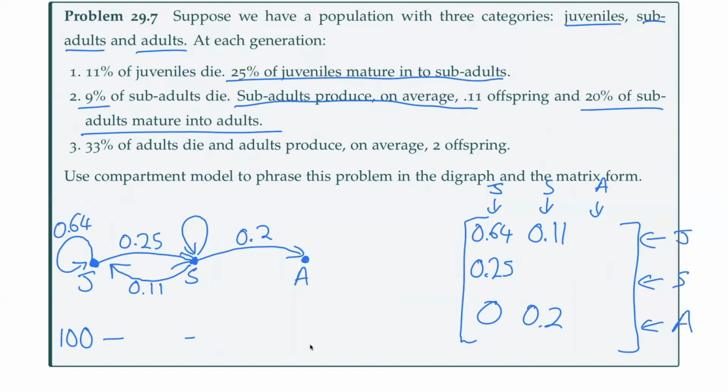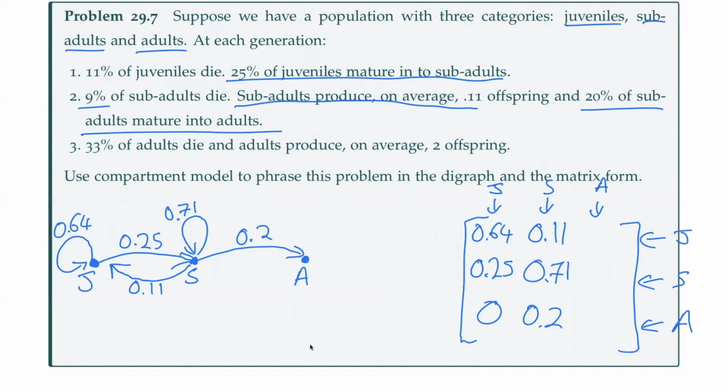I might have mixed up my percentages and my proportions, apologies if I did mix that up before. So you do 100 minus 20 minus 9 for the percentage that is going to be staying as sub-adults, which is 71%. So a proportion of 0.71 stay as sub-adults. So we have 0.71 here.